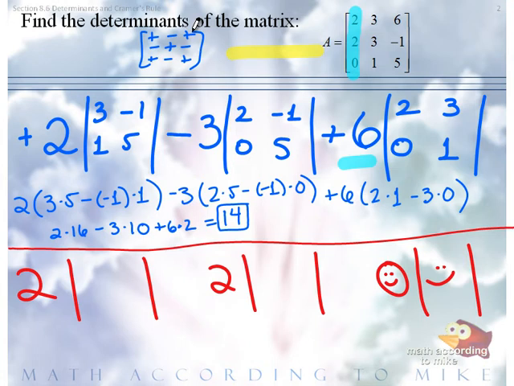What sign goes in front of the first 2? Positive. There's a plus here. What sign goes in front of the second 2? And what would have gone in front of the 0? Positive.